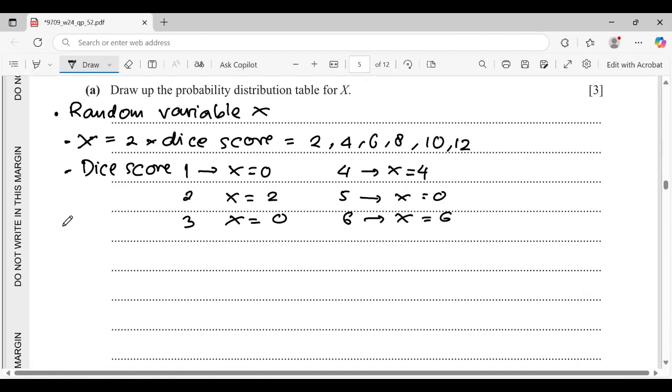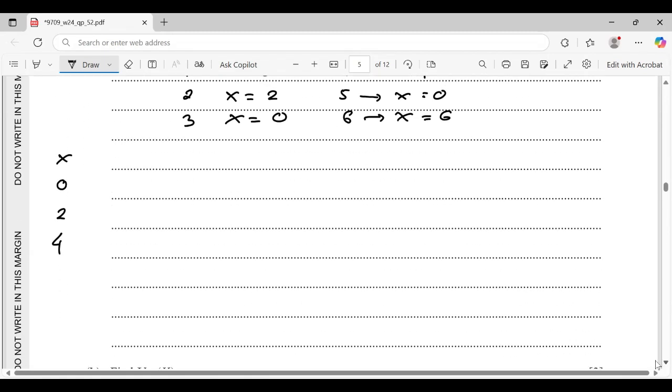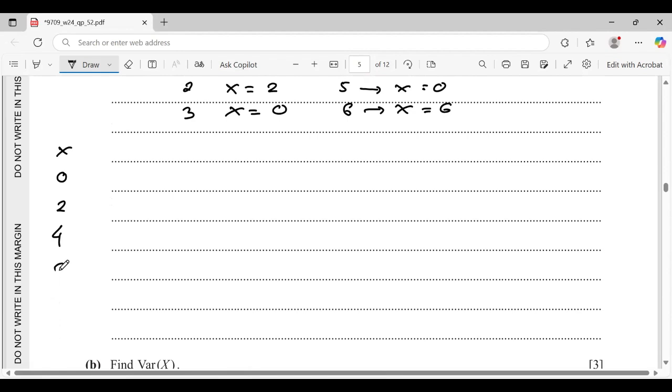Now we're going to calculate the probabilities for each value of x. I will use this table. x: 0, 2, 4, 6, 8, 10, and 12.